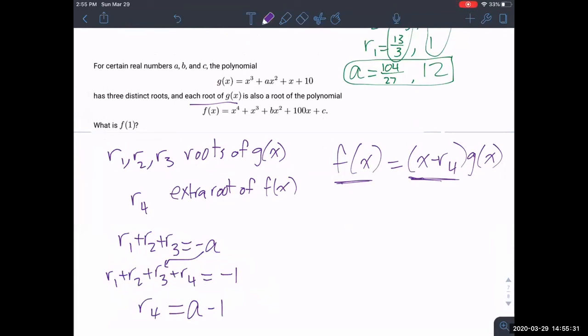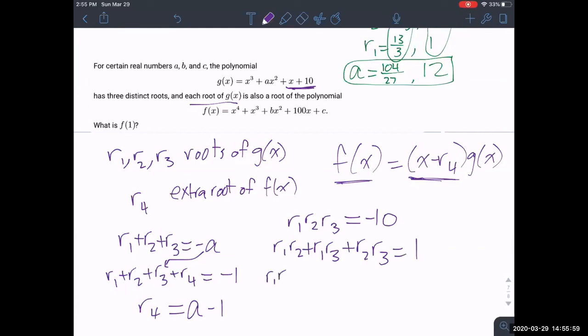Now let's use more Vieta's formulas to finish up g(x). R1 R2 R3 is going to be negative 10. R1 R2 plus R1 R3 plus R2 R3 is going to be 1.